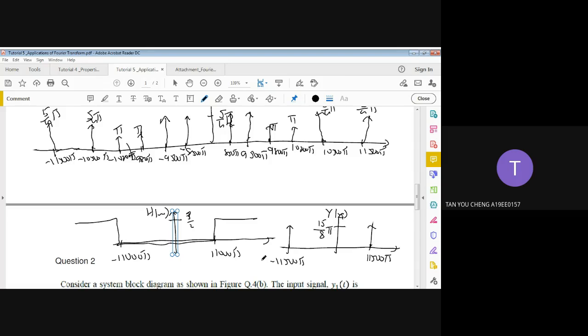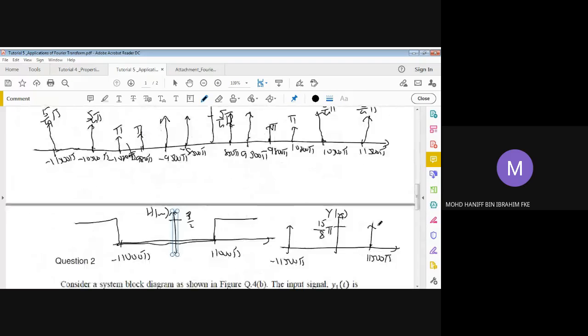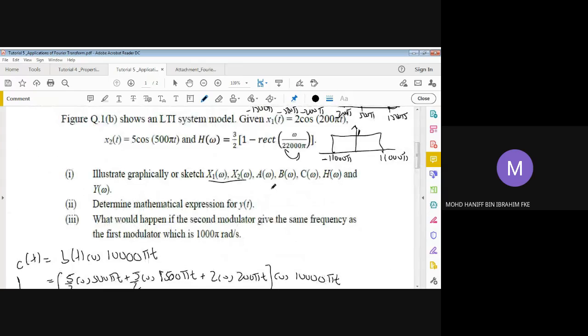Okay, good, very good. So we have the Y omega. Basically from here you can obtain the y(t) straight away, because from this sketching you can write that your Y omega equals 15 over 8 pi times delta of omega minus 11,500 pi plus delta of omega plus 11,500 pi.